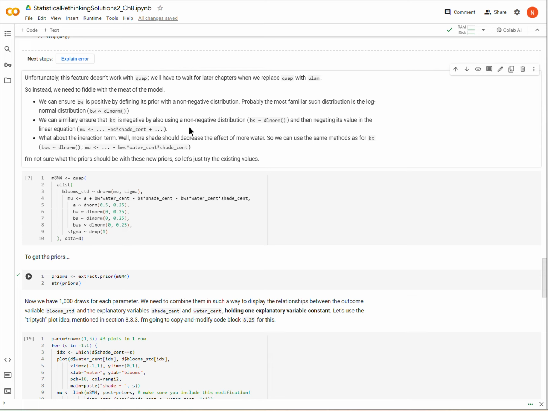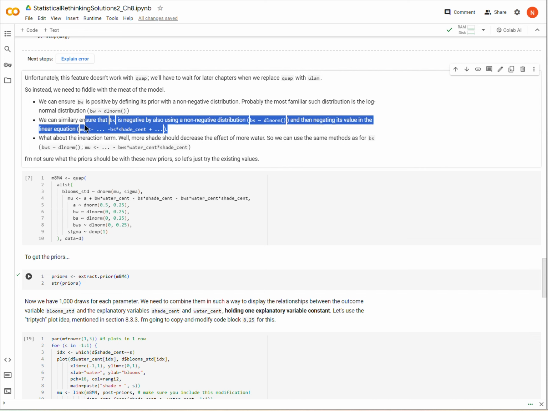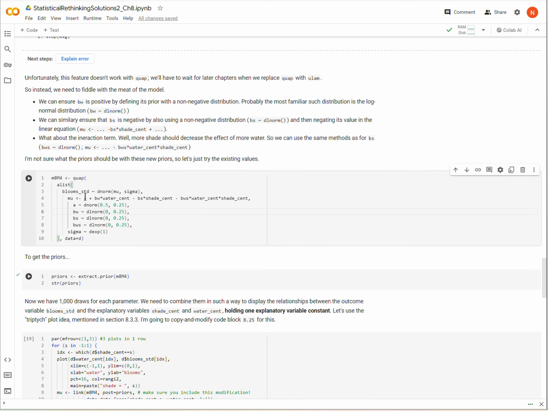Okay, so we need to constrain bWS, the interaction, also to be negative, so we can use the same two tricks that we used for bS. Okay, so now when we put all of that together, here is what our model looks like, right? So we have dlnorms for our coefficients, except for the intercept, which we're leaving alone. And then we are subtracting, in other words, forcing to be negative, bS and bWS.